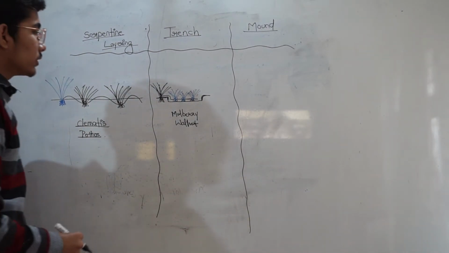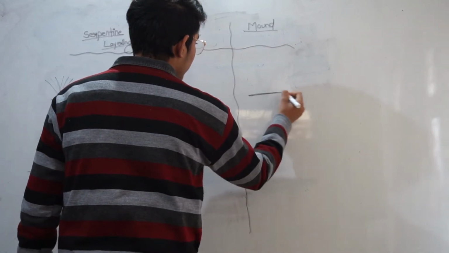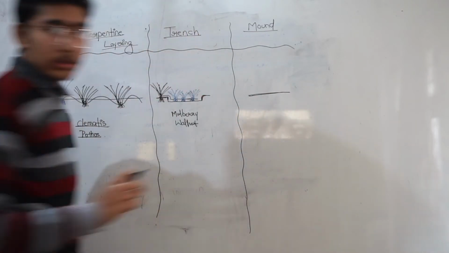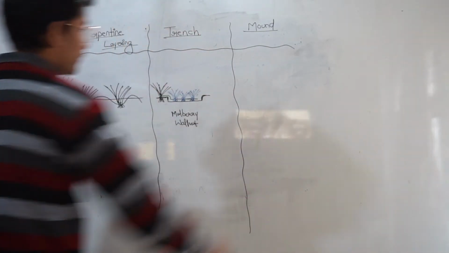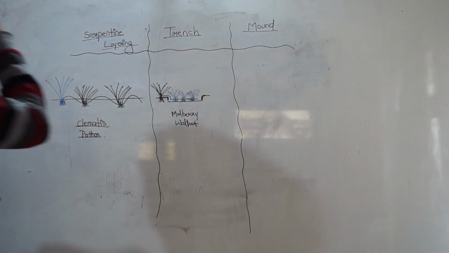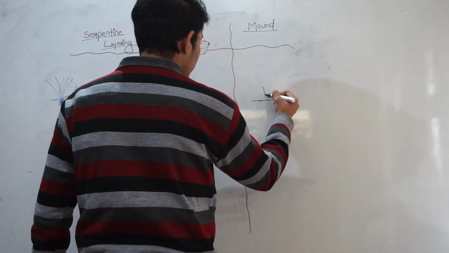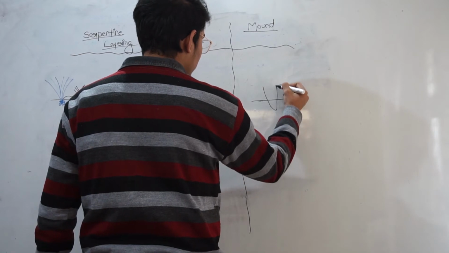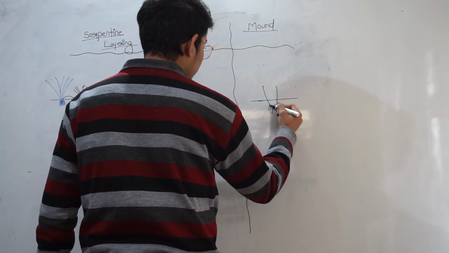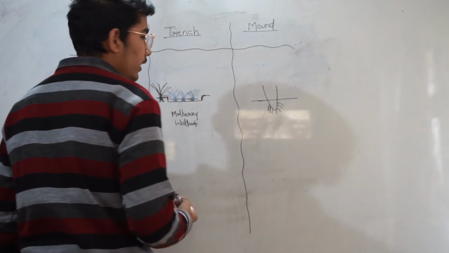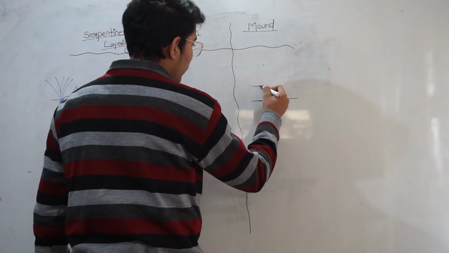After this, the mound, something different. Let's say this is the layer of soil. And this is a root. Here the root system is present, and we have cut the shoot system from here.